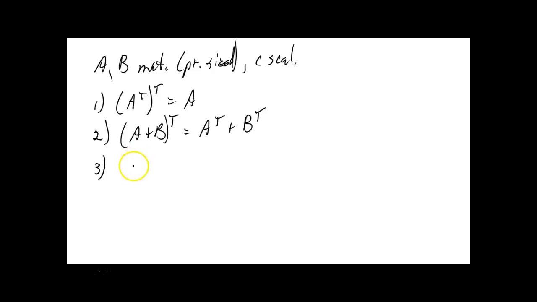Now, this one may come as a little bit of a surprise unless you... No, it shouldn't. CA transposed is the same as C times A transpose. So you either flip it then multiply, or multiply then flip it. It's the same numbers.